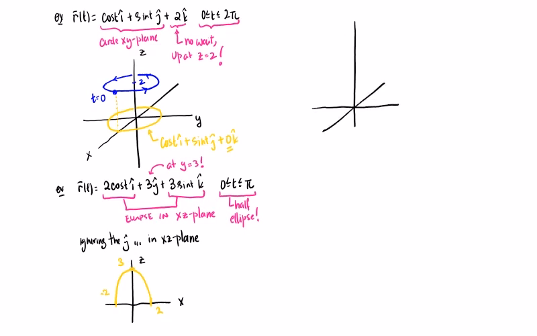What I'm going to do next is transfer this yellow picture, which has an arrow that goes this way. That's the direction it goes. I'm going to redraw this yellow picture on the new axis. It begins at x equals 2, goes to the positive z-axis, and then back here.